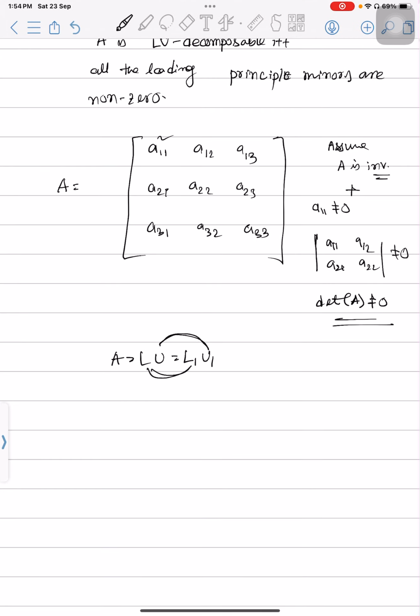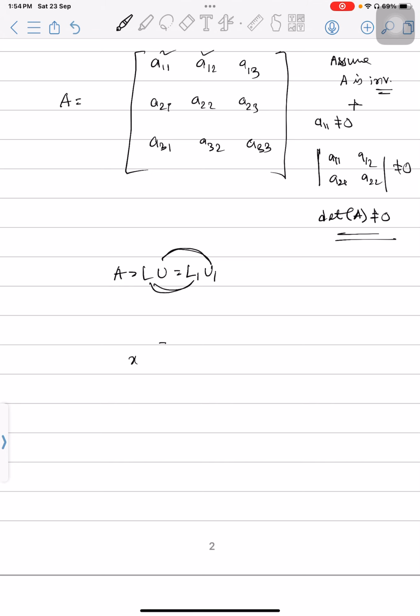You guys already know the definition of linearly dependent. Let me write it once again if you do not recall. So two vectors, let's say you have these two vectors.